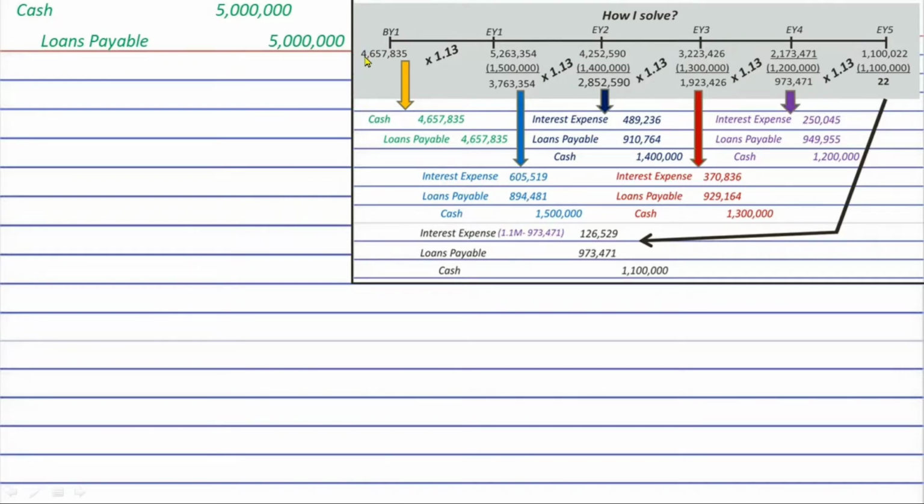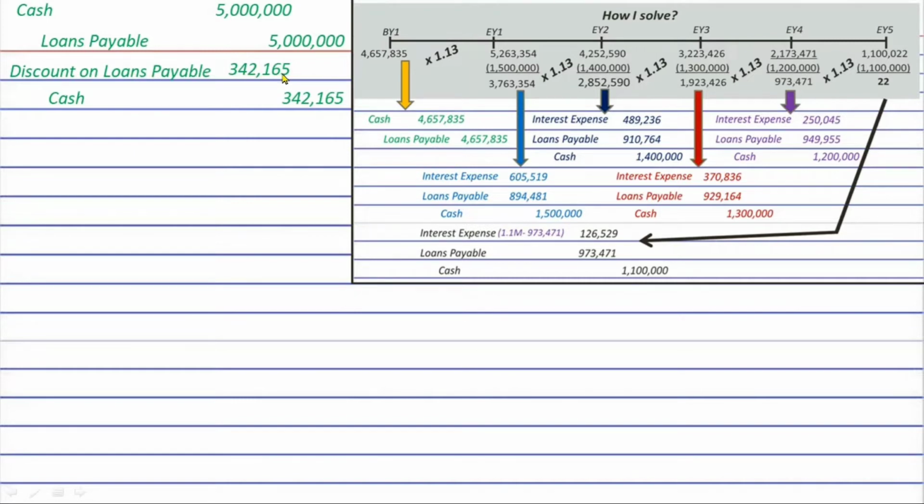But since you only received 4,657,835 because of transaction costs, you need to get those transaction costs, which is the difference of this 5 million minus 4,657,835, which is 342,165. You can check that on your own. Then let's make an entry: credit cash 342,165, and the debit is, what is it? It's the account discount on loans payable.